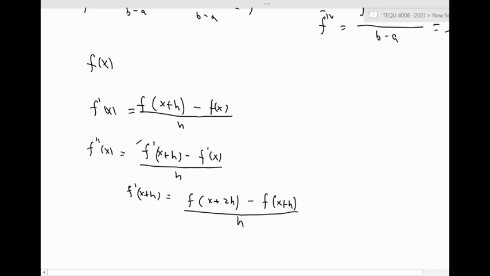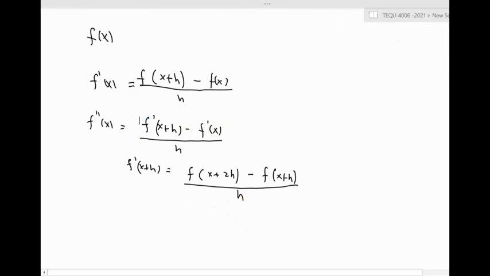All right, that was the definition of this one. How about this? Well, that definition is already here. So to get the second derivative, you only need this formula, which is based on the first one as well. So let's do that. That would be f of x plus 2h minus f of x plus h, divided by h, minus, I'm using this definition here, right? f prime is already defined here.